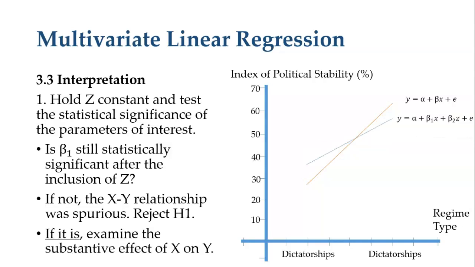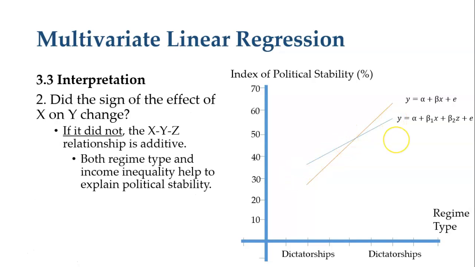If the effect of X on Y is still statistically significant, what we need to do is to examine the substantive effect, or the substantive significance, of this relationship. And you should see something like this at least. The next question that you need to answer is, did the sign of the effect of X on Y change?